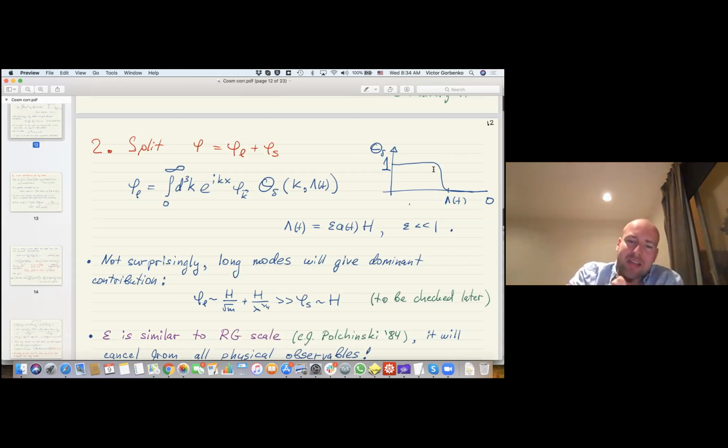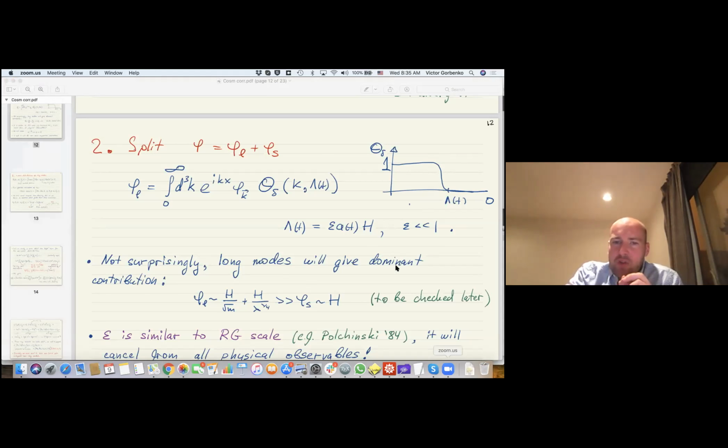Why is this convenient? Because if you take a sharp theta function, as Starobinsky did, then to leading order in perturbation theory, you get exactly the same thing. Perturbation theory means perturbation theory in the coupling constant. Now, in subleading orders, even at just the next to leading order in lambda, you start seeing a difference. If you take a sharp cutoff in momentum space, you lose locality in position space. Not so surprising, right?